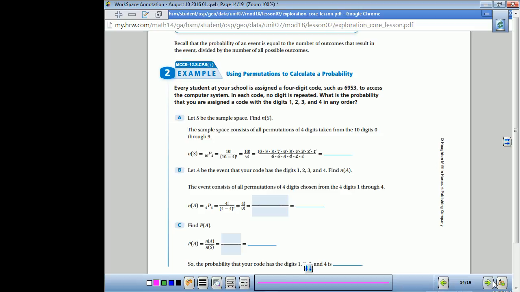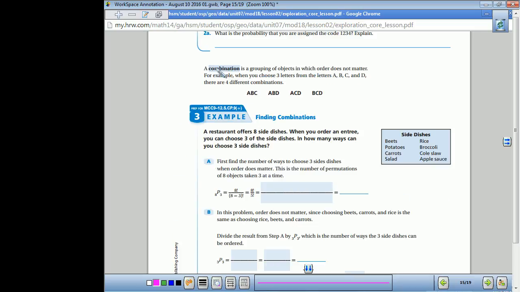And when order does not matter, it's not a permutation, is it? It's actually a combination. And so that's our next one. Combination is when the order does not matter. So this is when we do a collection of items. Or if we're talking about people, we might be forming a committee.